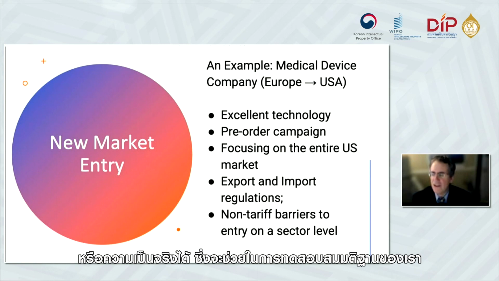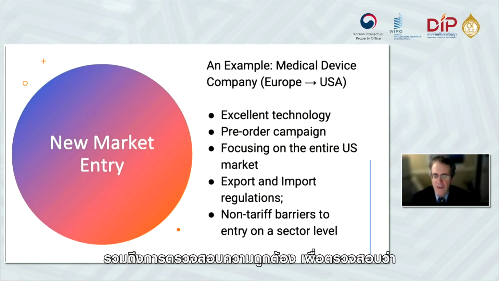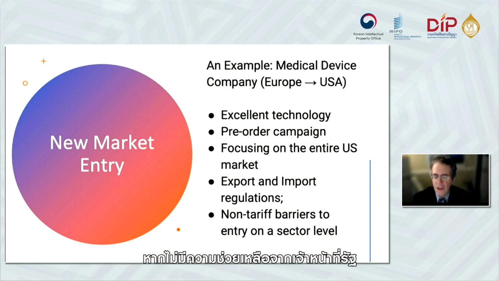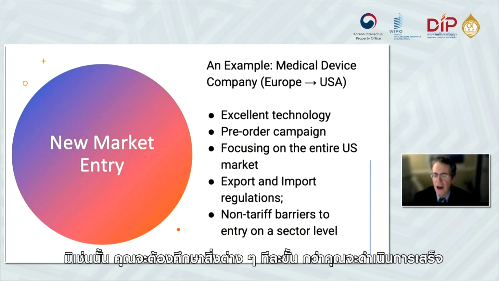So to test our assumptions, to validate them, to verify if our thinking about the market matches up with the reality, okay?